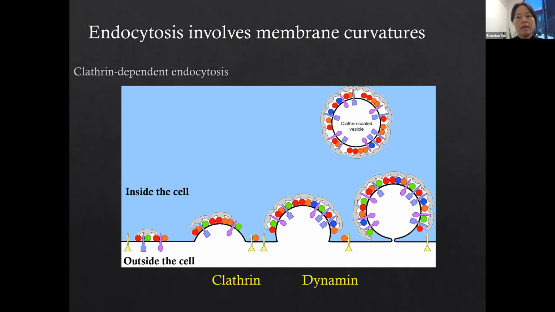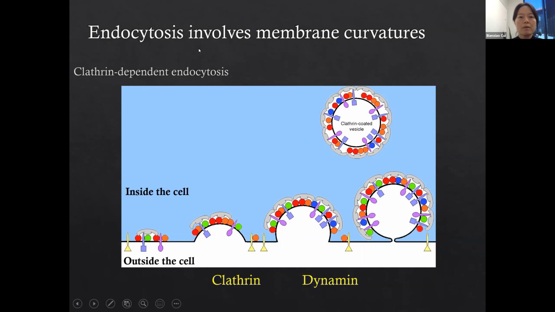So we hypothesize that when you deform the cell membrane, it will trigger certain signal pathways that a flat membrane does not. The first intracellular process we looked at is endocytosis.